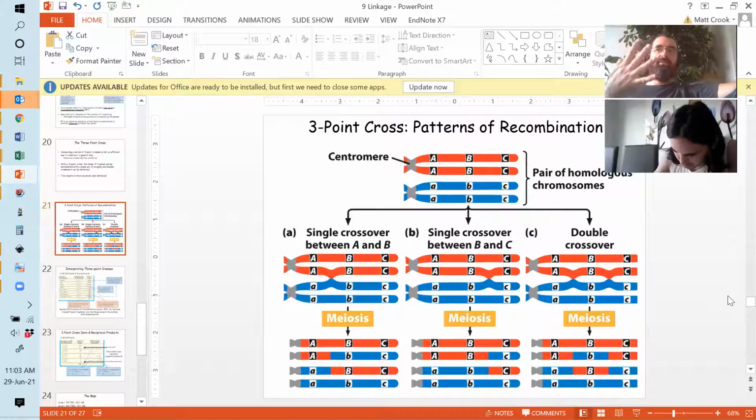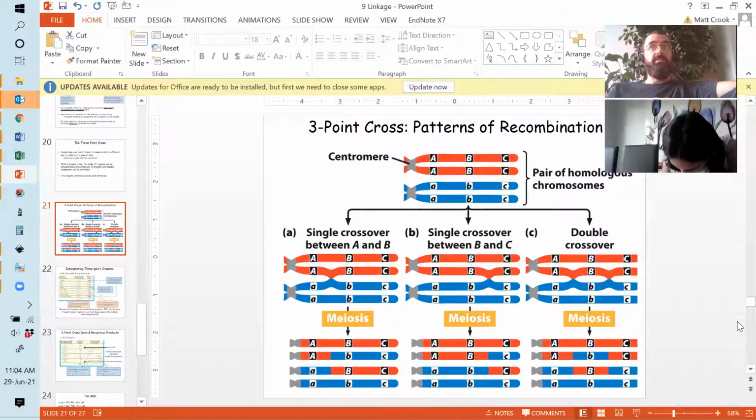Well, you have 4 different classes of individuals. Yeah, Maria, that's the one. Double crossovers. So double crossovers are the rarest, like these ones here on the right-hand side, because you have to have 2 independent crossover events, one between the first two genes and the other between the second two genes.